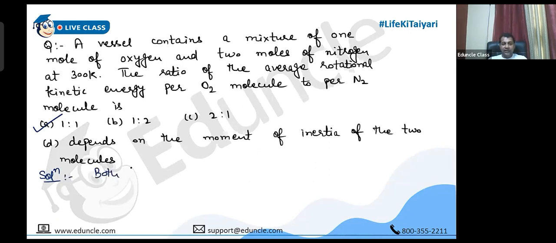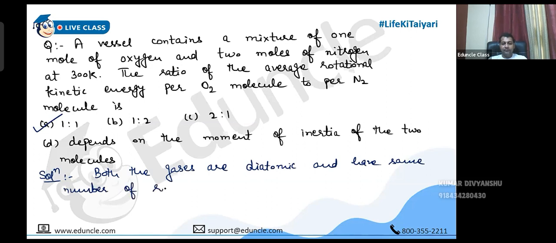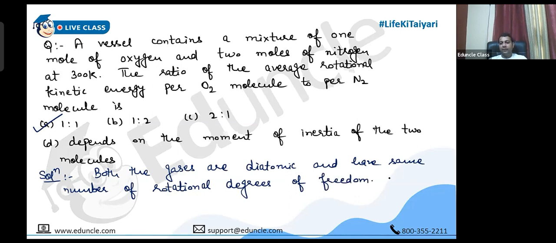So both the gases are diatomic and have the same number of rotational degrees of freedom.